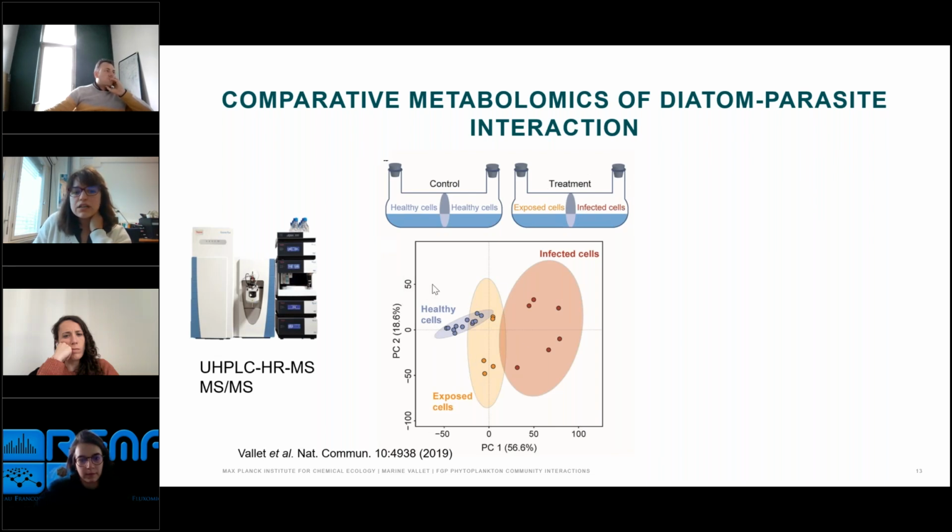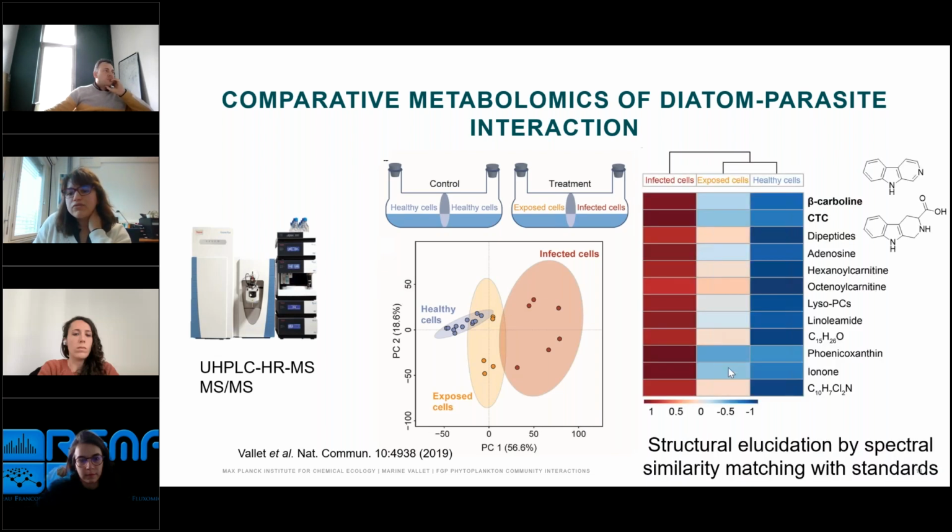And quite interestingly, using this principal component analysis, we saw that there is a clear discrimination between these different populations. And further, by looking at the compounds that are associated with infected cells, we identified a couple of chemical classes using spectral similarity matching with standards, but also with public databases.